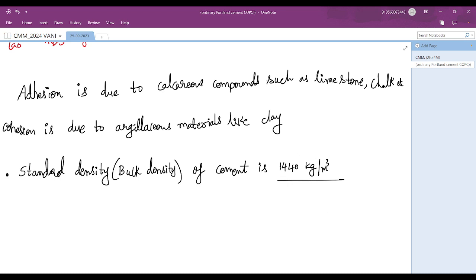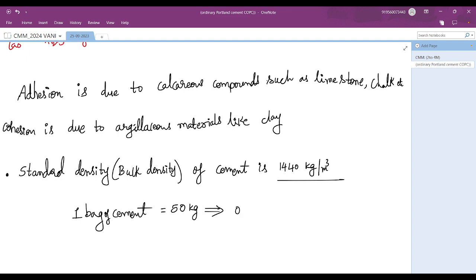So from this can we calculate the volume of cement present in one bag? Generally one bag will have a weight of 50 kg, right? So one bag of cement is having how much weight? 50 kg. The density is known to us and obviously the weight is known to us. Therefore, the volume of cement present in one bag is 50 divided by 1440.